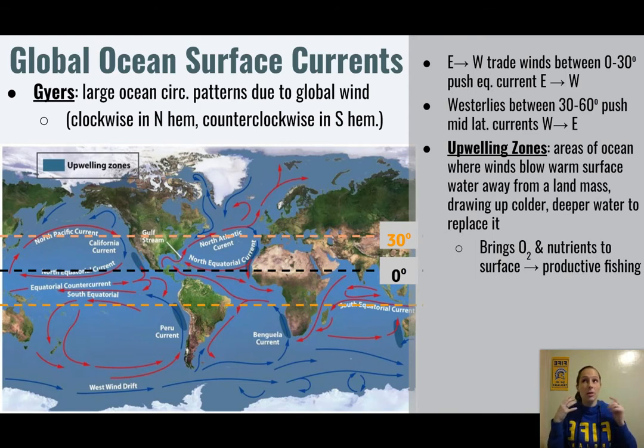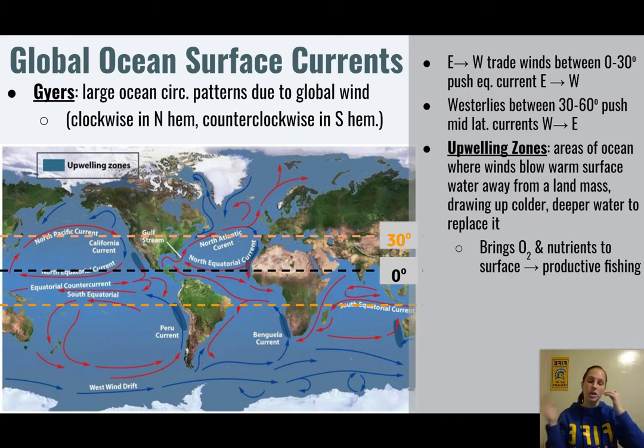Now, this is going to be really beneficial because cold water holds on to oxygen better than warm water. So when you are pulling up this cold water, it's actually going to bring oxygen with it. It's also going to bring nutrients. If you think of all the sediment on the ocean floor, that has a bunch of nutrients in it. And so when we are getting this water movement, it's going to be sucking up this cold water.